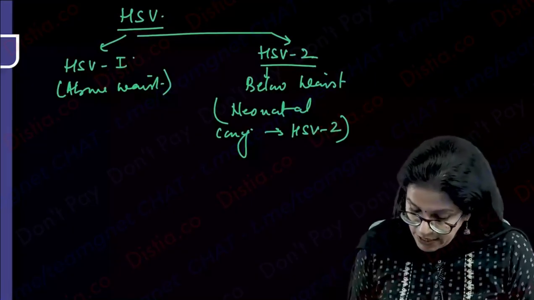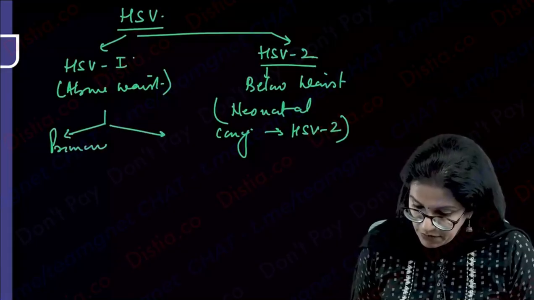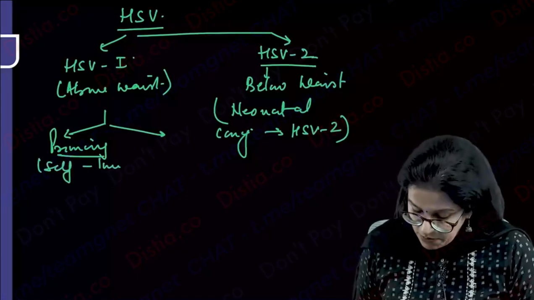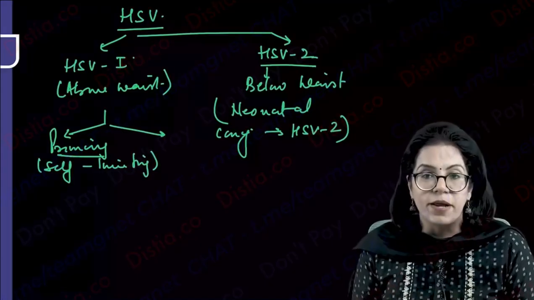Okay, so when you talk about HSV 1, it has a primary infection and recurrent infection. Primary infection is self-limiting, it's a droplet infection. And just keep this in your mind that severe corneal involvement is not a feature of primary.